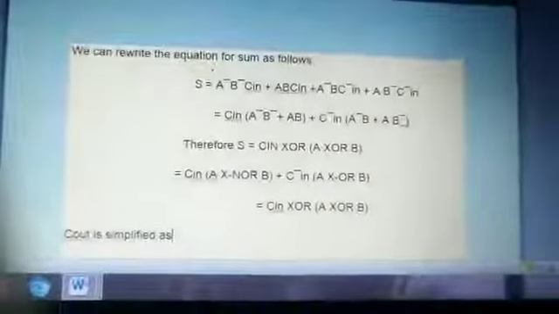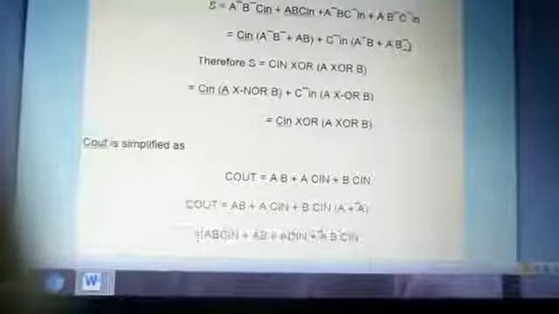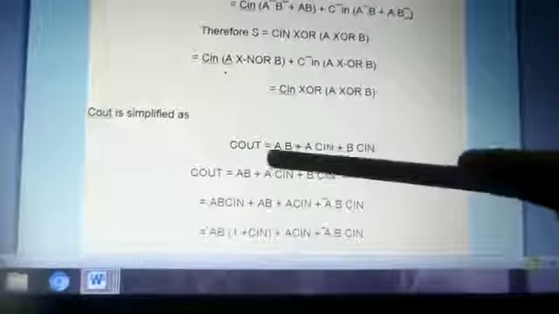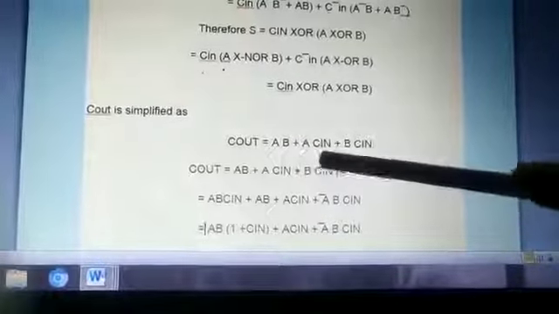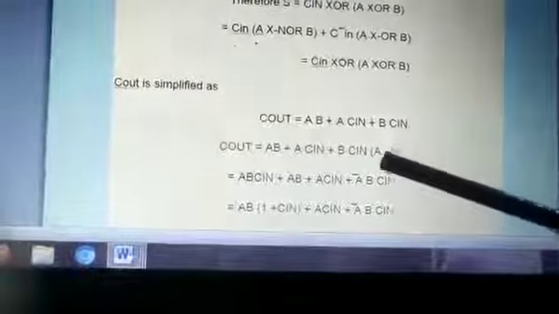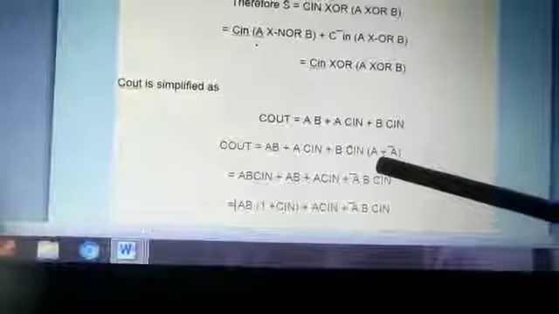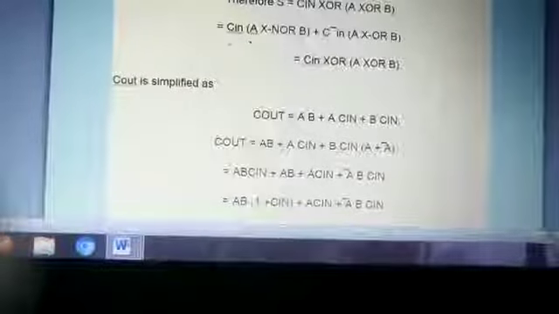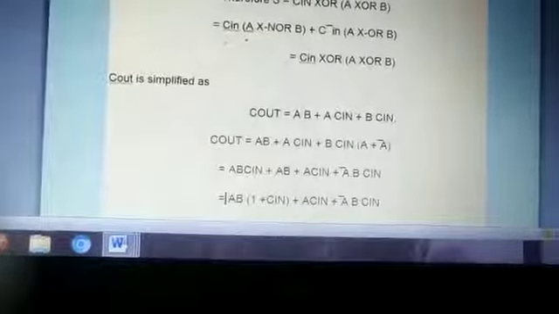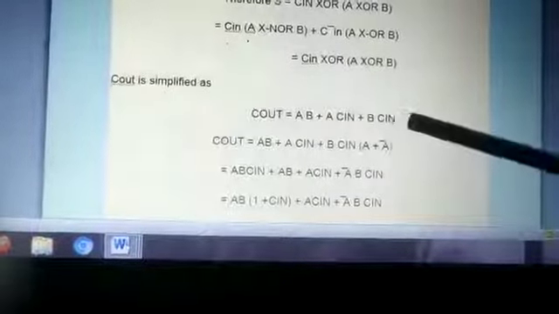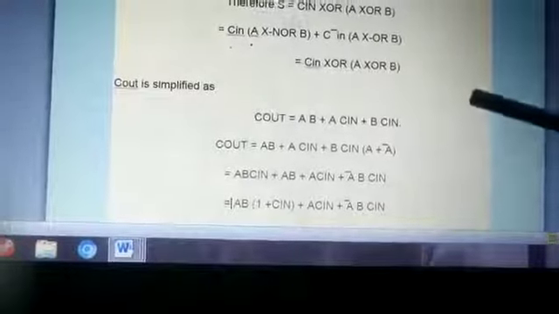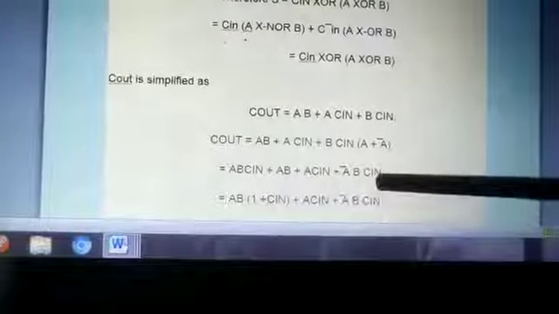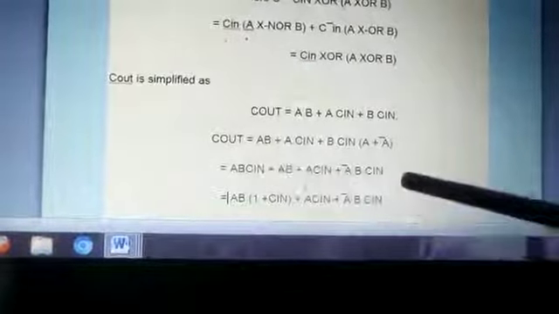Now how do we calculate the C out expression? This is the full adder C out expression, A B plus A C in plus B C in. Here I am adding to the B C in term the factor A plus A bar. A plus A bar means 1, so A into 1 is A, and B C in into A plus A bar is the same as B C in. That is why we have done the multiplication here.